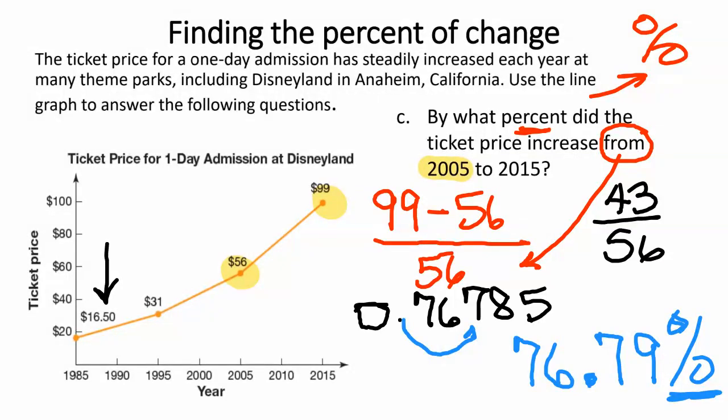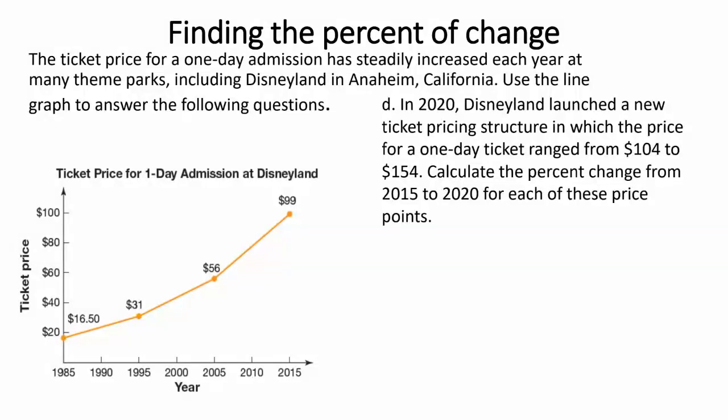Now, here we go. Now, this one gets a little more interesting. It says in 2020, which is not on my graph, Disneyland launched a new ticket pricing structure in which the price for a one-day ticket ranged from $104 to $154.